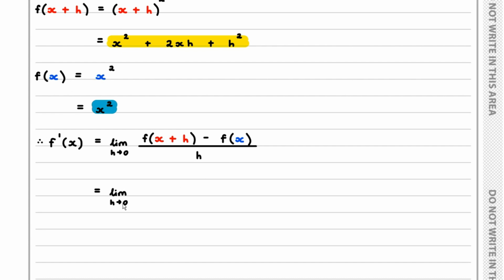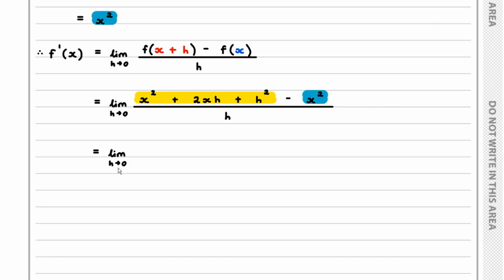So we have the limit as h tends towards 0 of f of x plus h, which we have just found to be x squared plus 2xh plus h squared, and we subtract from this f of x, which we have found to be x squared. And then we divide all of this by h.